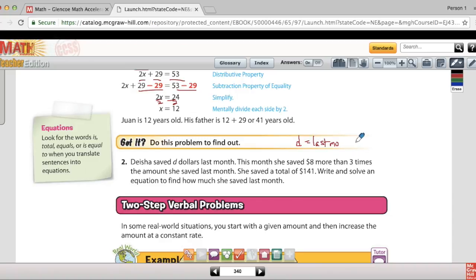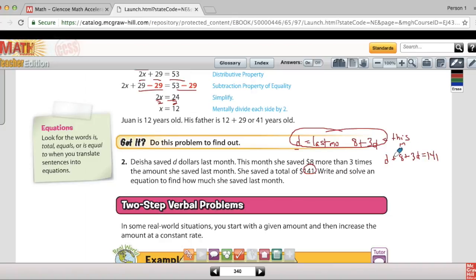And then this month, it's going to be 8 more than 3 times what she saved last month, which was D. So that's what this month equals. Together, she has $141. So we're going to take what she had last month, D, plus what she has this month, 8 plus 3D, and set that equal to 141.